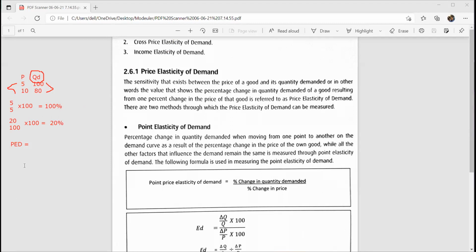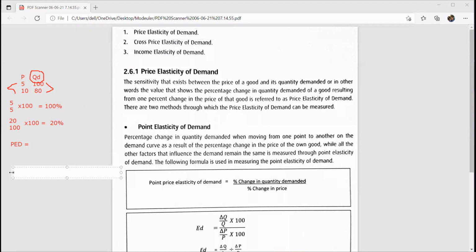Therefore, when the price increases by 100%, quantity demand changes by 20%. When the price increases by 1%, quantity demand changes by 0.2%.